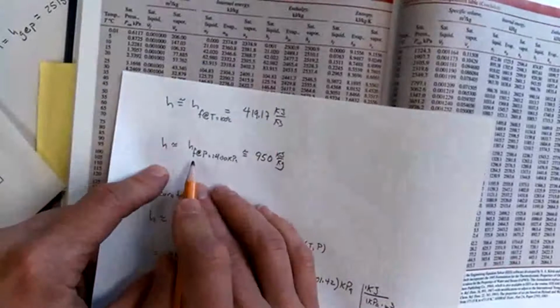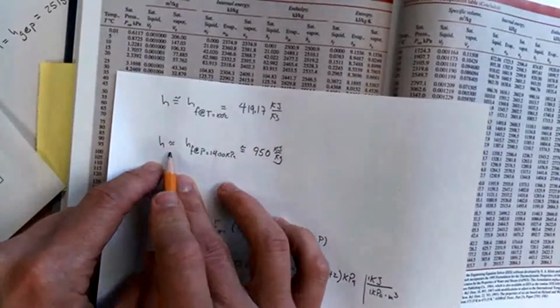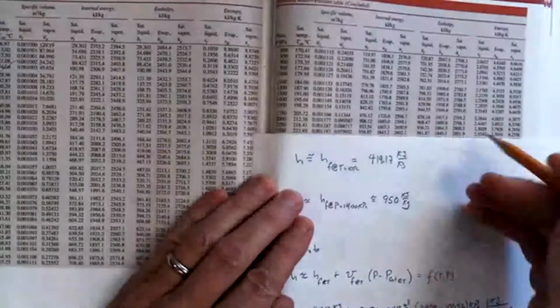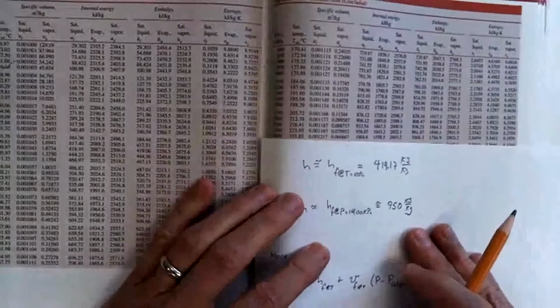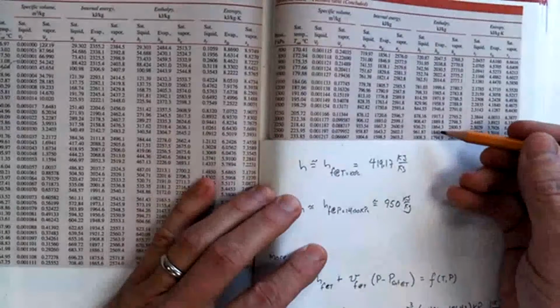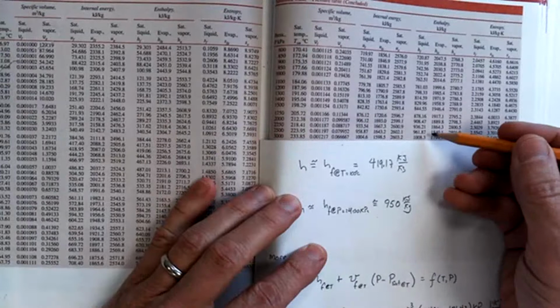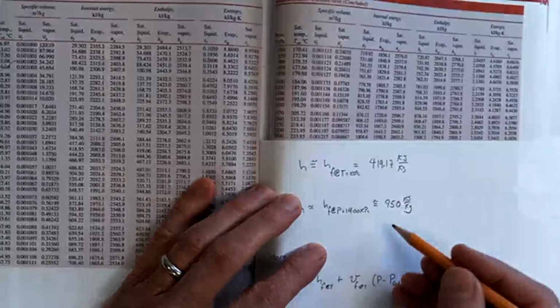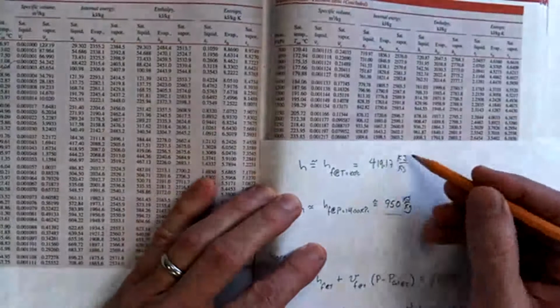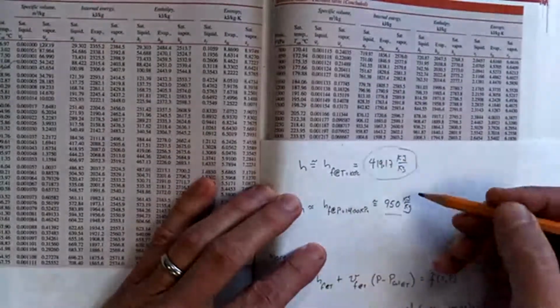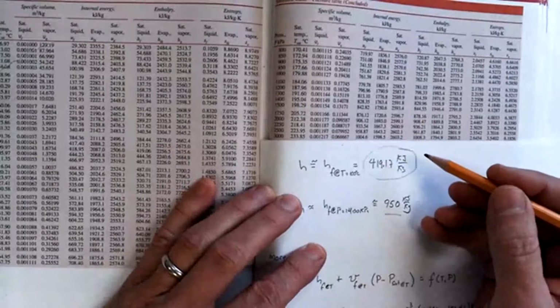Let me write it down here. That's what we get. Now notice if I had gone and used the h_f at the pressure, so 2400, if I went over here and I interpolated for 2400, I would get something around 950. That's a big difference than 419. So you can see that you really do need to use the temperature as the estimate.